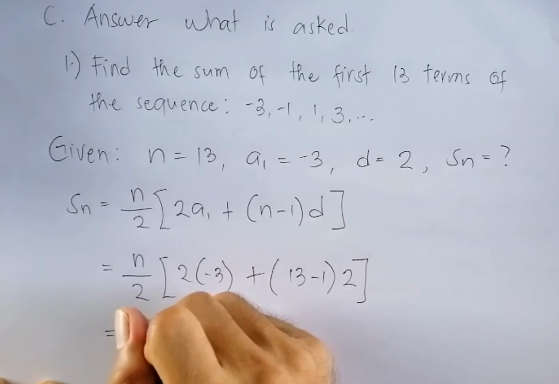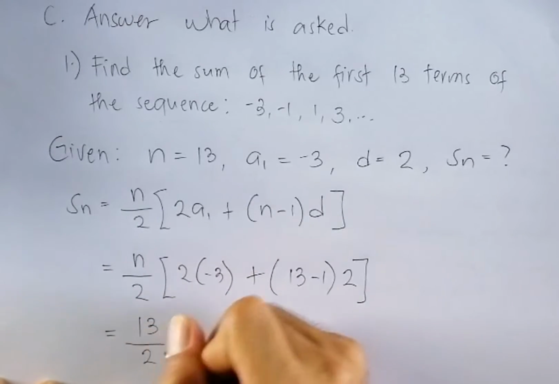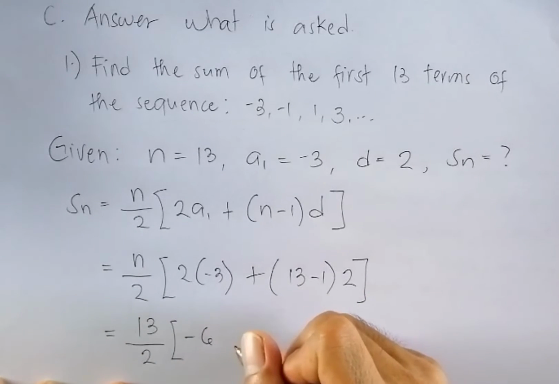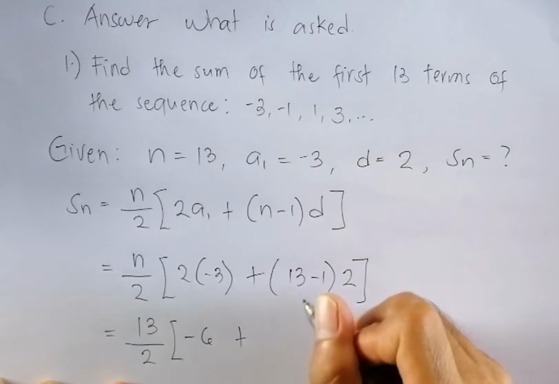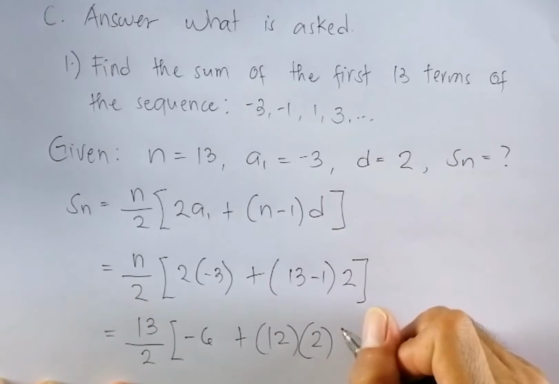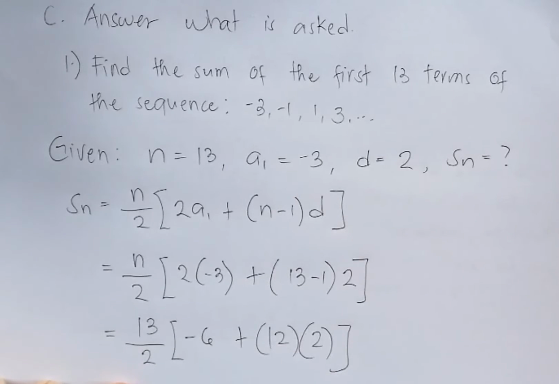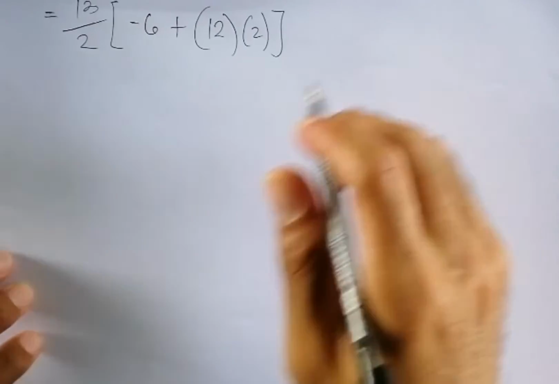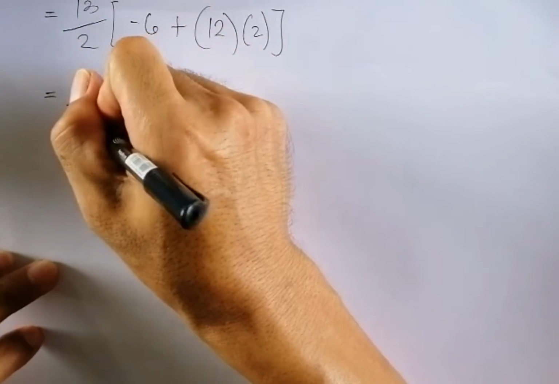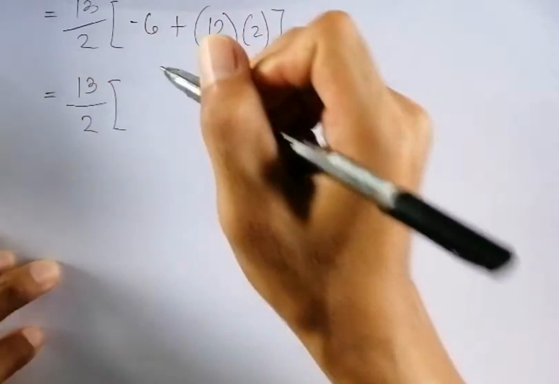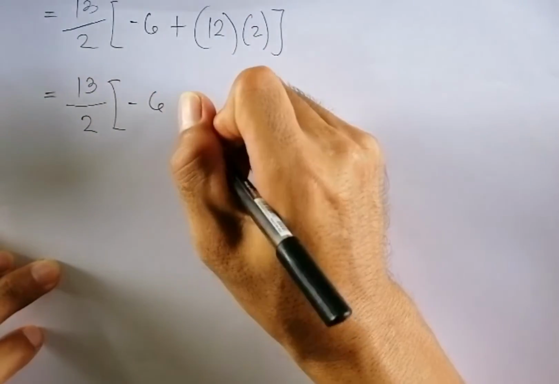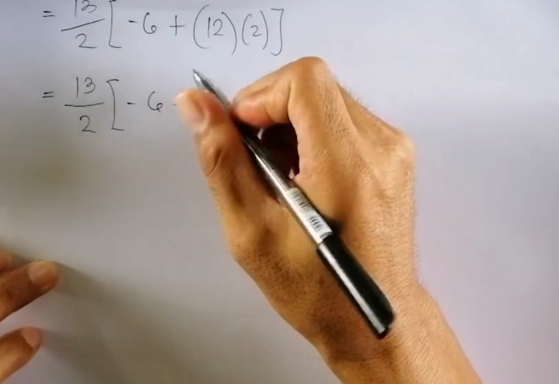That is equal to 13 over 2, the quantity -6 plus 13 minus 1, which is 12, times 2, that is 24.